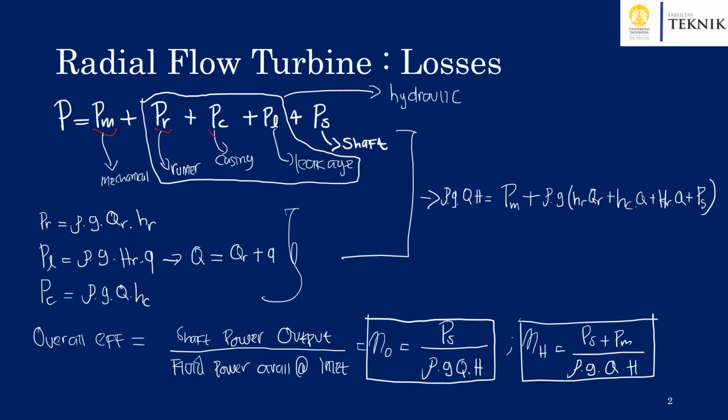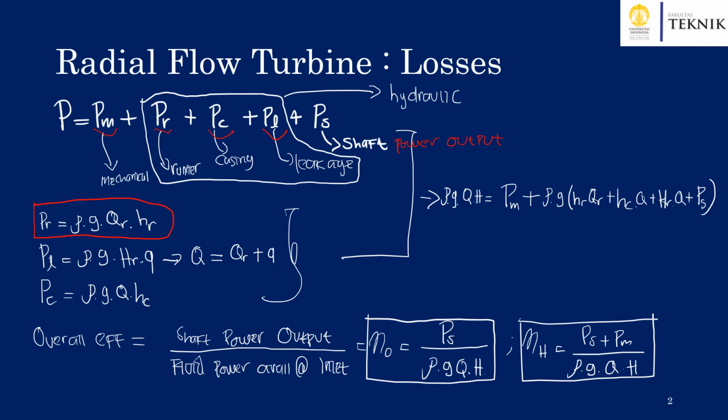And then we have the casing power loss. And then we have the leakage power loss. The last part is PS, or that is the shaft power output.